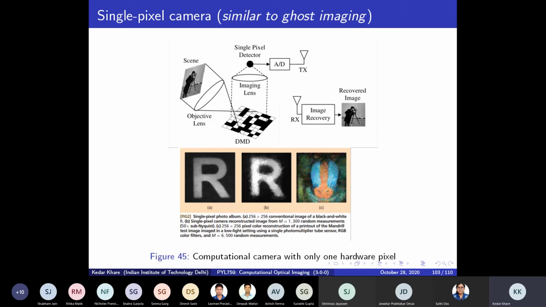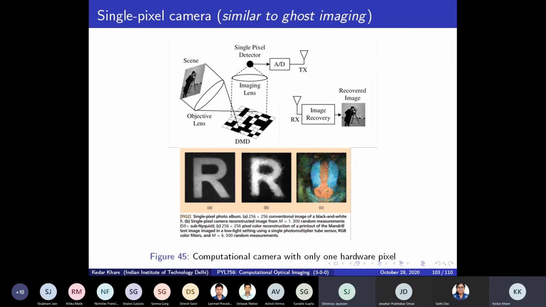So for one pattern, the value that you get in the single pixel detector is like a scalar product of this scene with the pattern. So this is my measurement. I'm projecting the scene onto this, and then doing a dot product of the scene with the DMD pattern. Yeah, because I'm just integrating onto a single pixel with a condenser kind of lens.